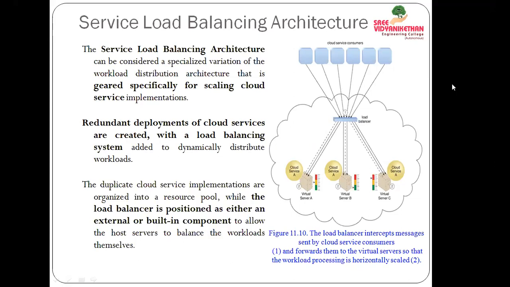And if even this server is not able to handle the service requests coming in, then automatically they should go for another scale of creating another resource, right? So this is precisely the principle behind this architecture. It is a very simple principle, as the name itself indicates.